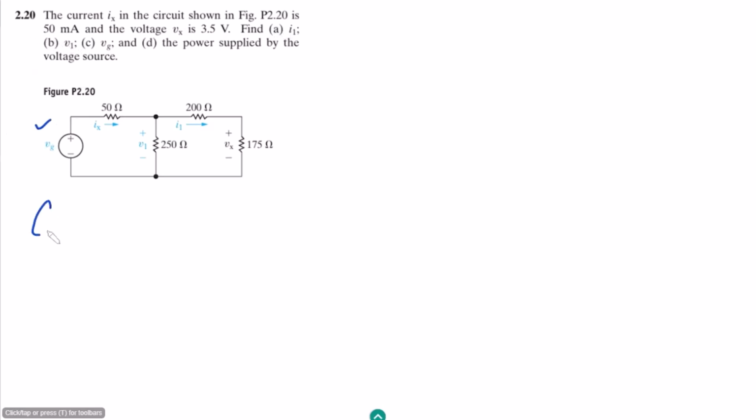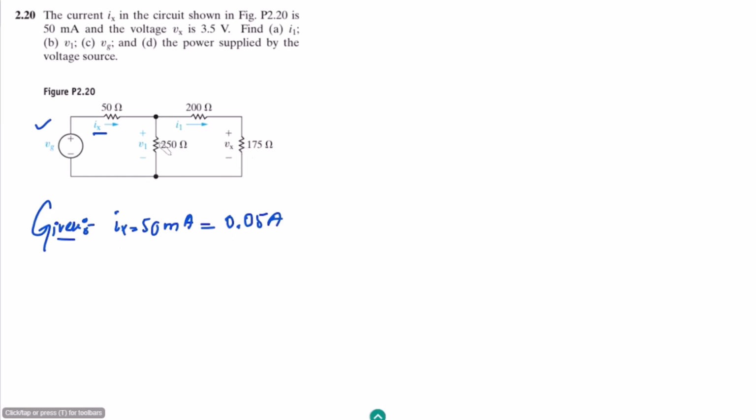So let me write here the given data. The current Ix is 50 milliamps, which is 0.05 amperes.